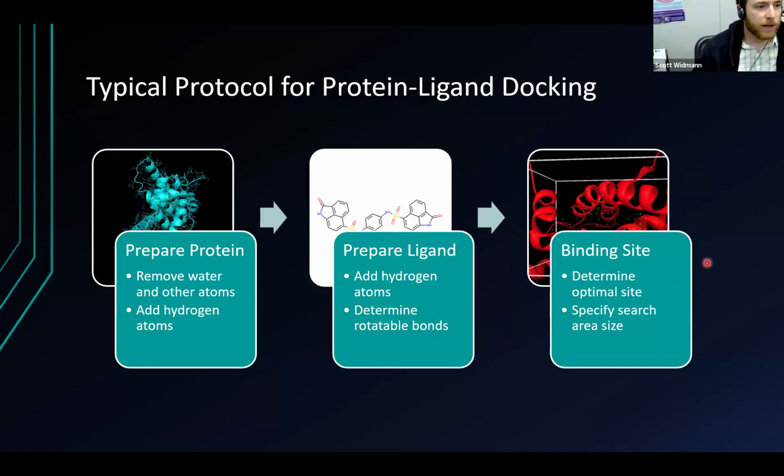We also have to figure out where we want to target on that protein. So this would be our binding site. Maybe we have some prior knowledge, we know where our binding site is already. There's also ways to use algorithms to determine an optimal site based on the certain atoms there and what are likely to bond to it.